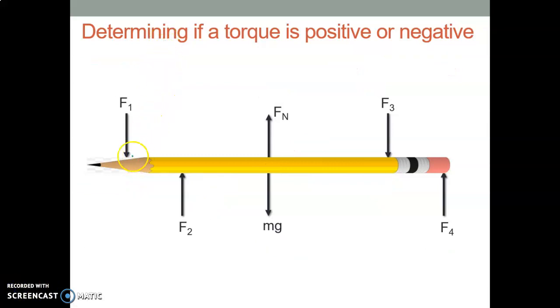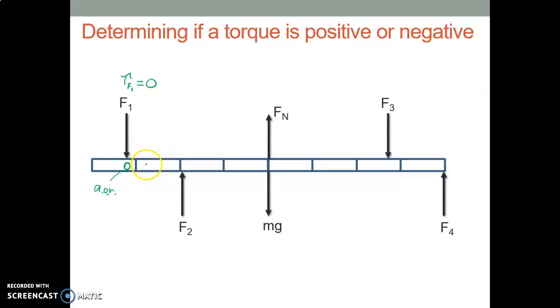Another thing to keep in mind is that depending on what you pick as the axis of rotation, that could change what the direction of the torque is for a certain force. So, as an example, if we picked our axis of rotation to be over here, then F1 is going to create no torque whatsoever. You set your pencil down here, and that right there is our axis of rotation.